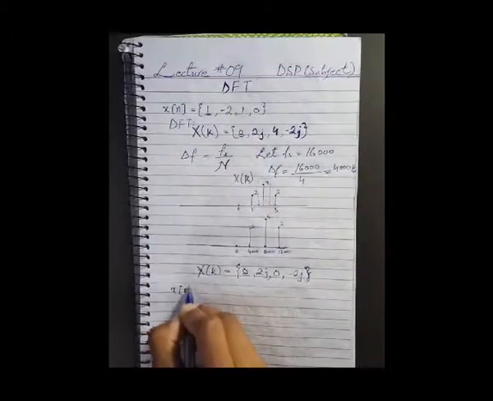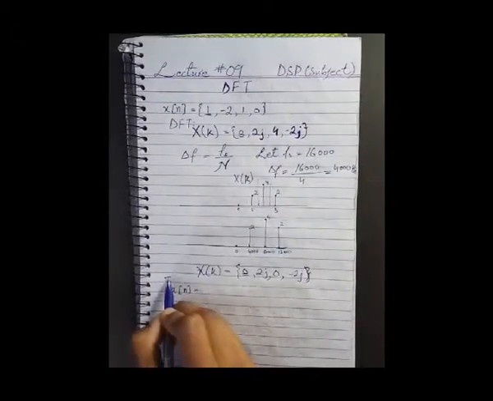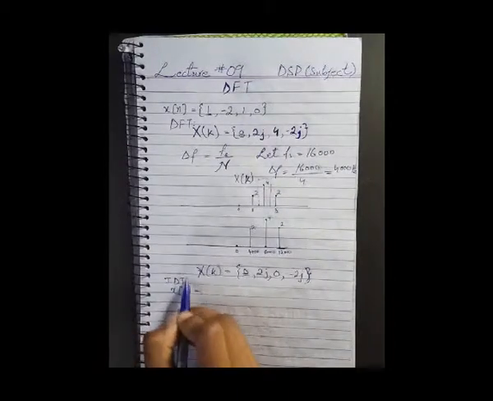We have x of n, the inverse discrete time Fourier transform.